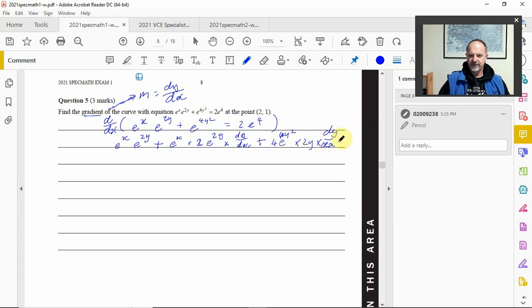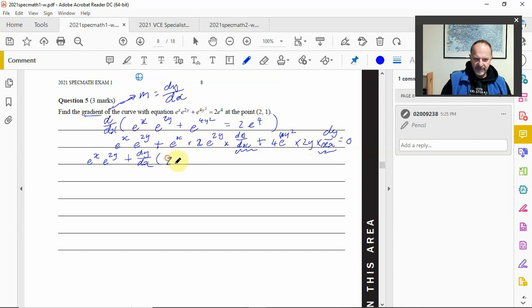So I've done it in a bit of a strange way. Now this bit here, 2e to the 4, e to the 4 is just a number, right? So e is a number, and to the power of 4 gets a number. When you differentiate a number, you get 0. So now we've got e to the x, e to the 2y, plus, now these other two terms have got dy/dx as common, so I'm going to put dy/dx there.